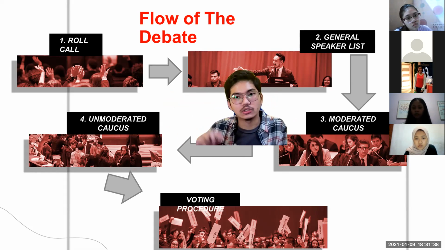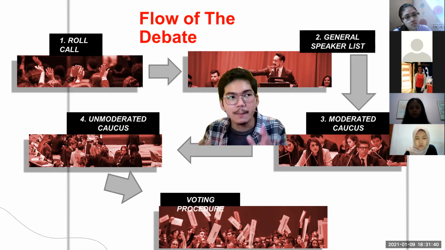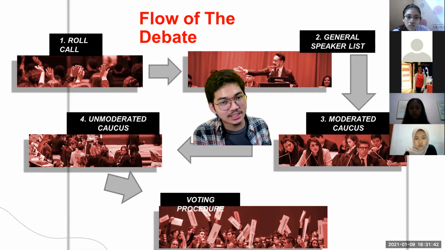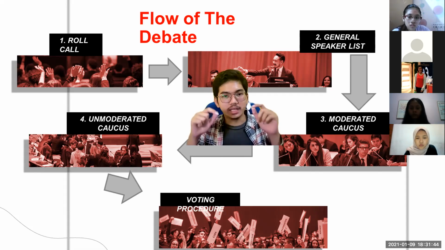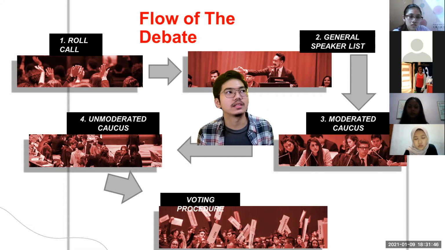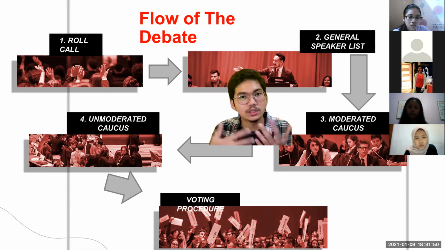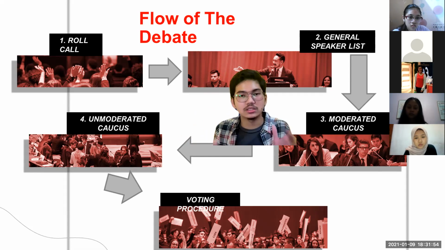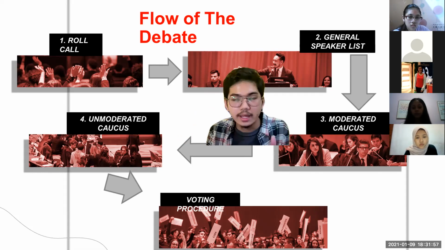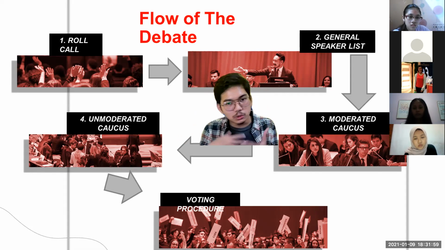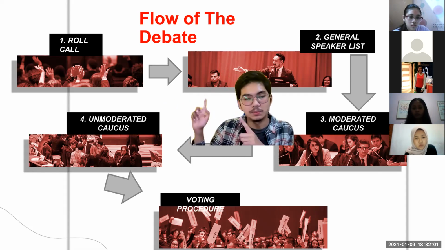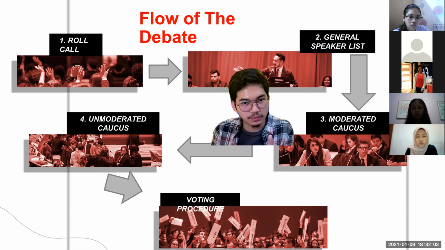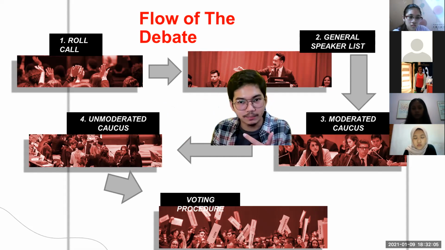You have to talk about the issue based on the current circumstances of the meeting. For example, the meeting is 2 hours, and you have already been in the meeting for 45 minutes. And the current situation is that all countries are talking about the solution to the issue. Then what you need to talk about during the general speakers list is the solution to the issue. It depends on the situation.